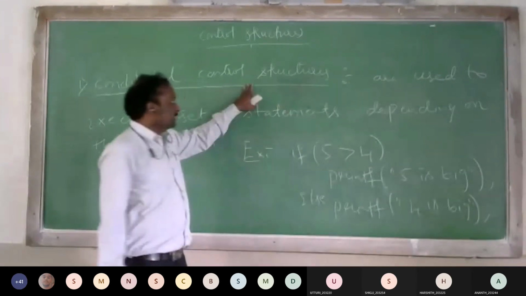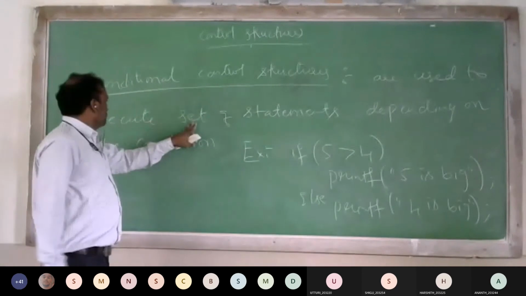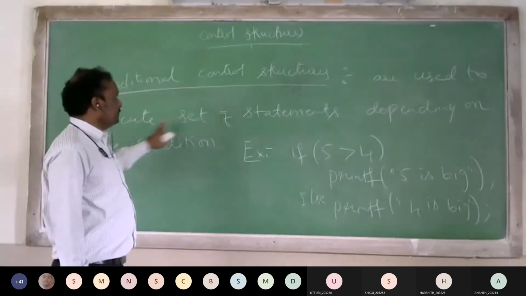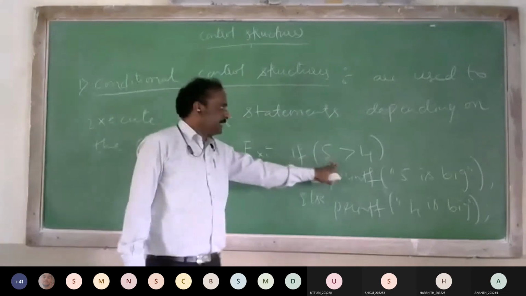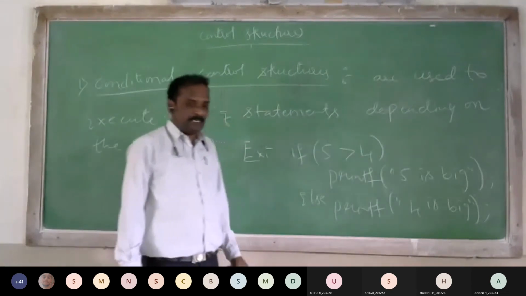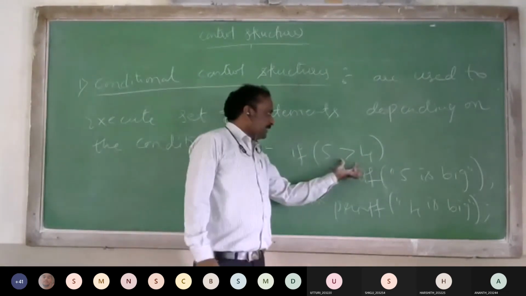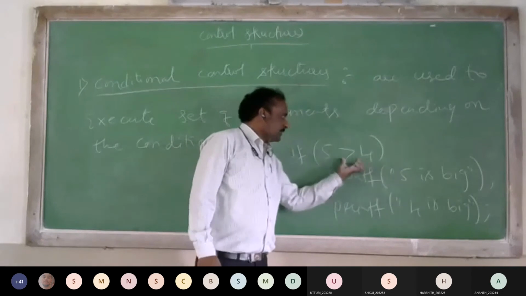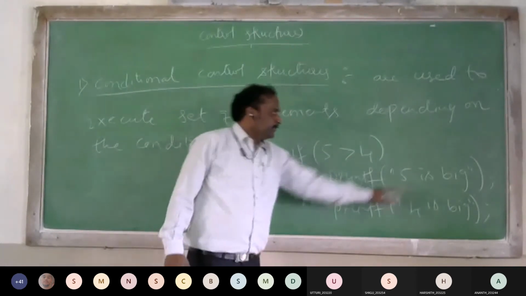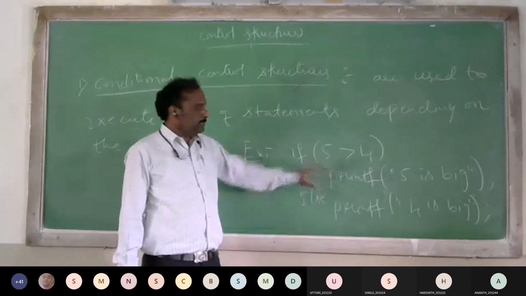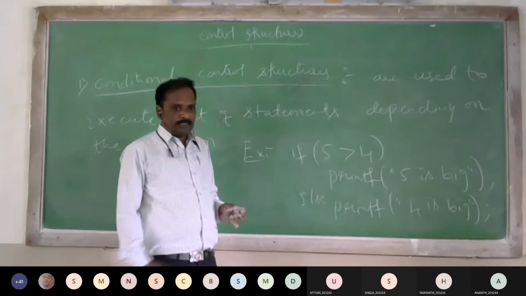Now here control structures are used to execute a set of statements depending on the condition. So what is the condition? 5 greater than 4 is the condition. If the condition is true, this will be executed. If the condition is false, else will be executed. Since 5 is greater than 4, 5 is big is printed onto the output.